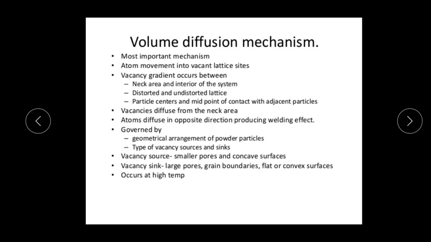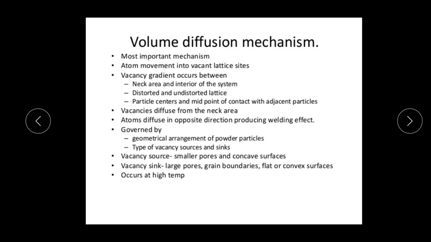And coming to the volume diffusion mechanism, the most important mechanism is volume diffusion, dear students. Here there is atomic movement into vacant lattice sites, and a vacancy gradient occurs between the neck area and the interior of the system, distortion and undisturbed lattice, particle centers and midpoint of contact with adjacent particles.